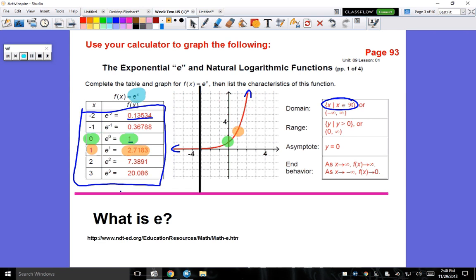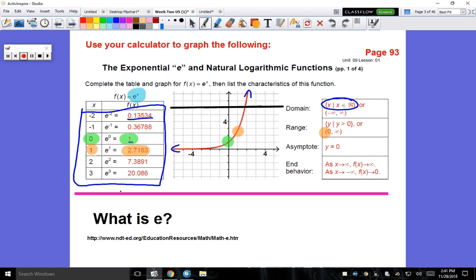Okay? The range is talking about all the y values. So we're going to scan the y values, otherwise the y-axis. Do I exist down here, yes or no? No. I don't exist until what? After 0. Nicely done. After 0. So that's why you see that it is not touching 0. Okay? And then asymptote.